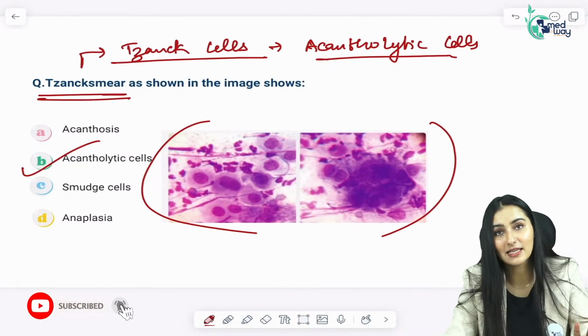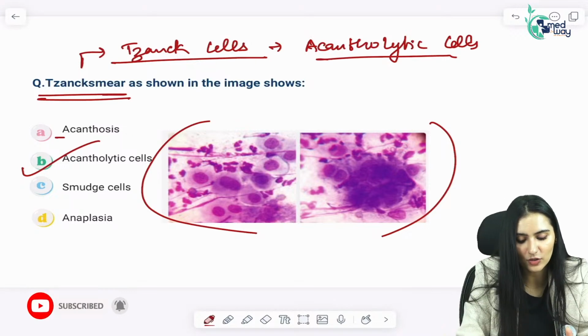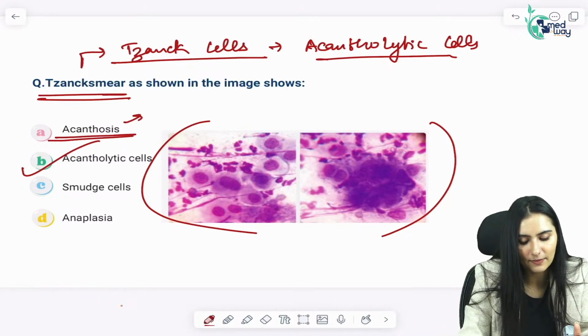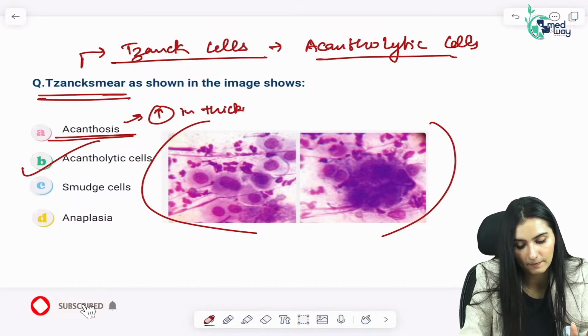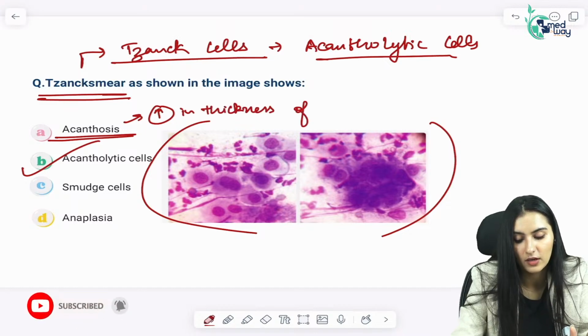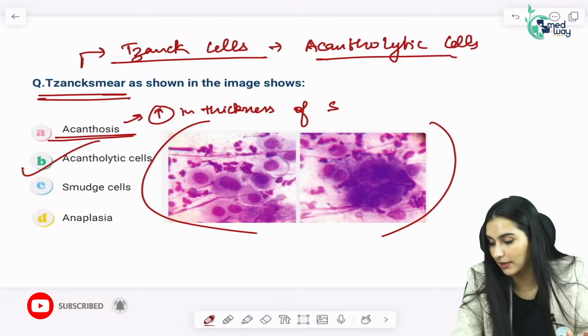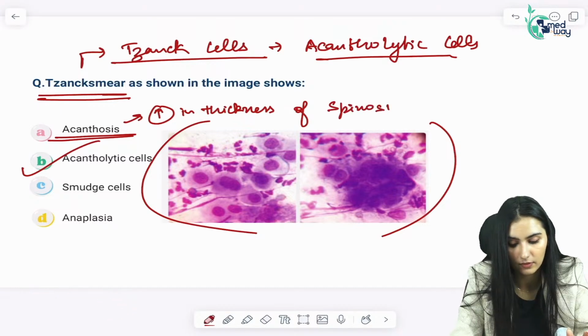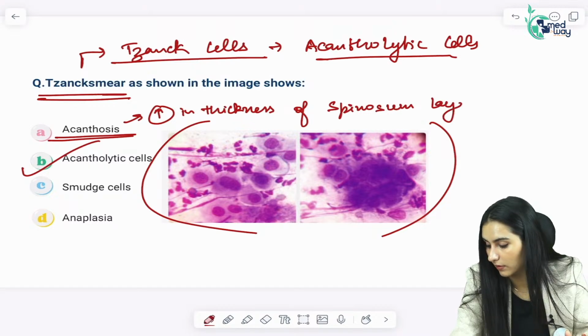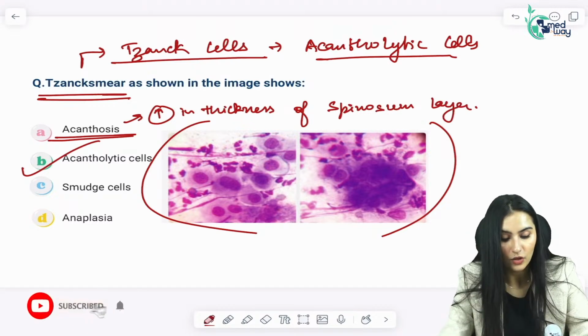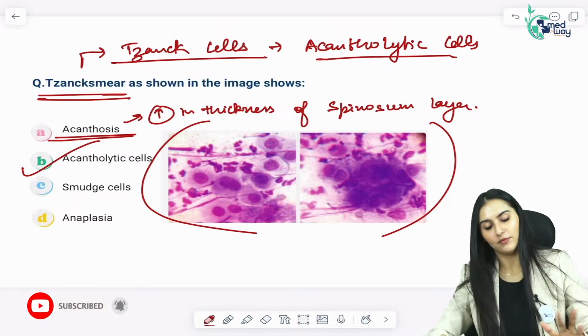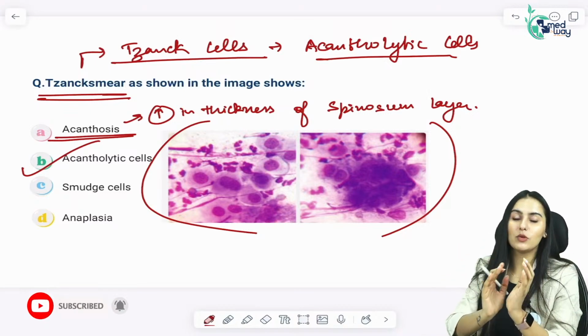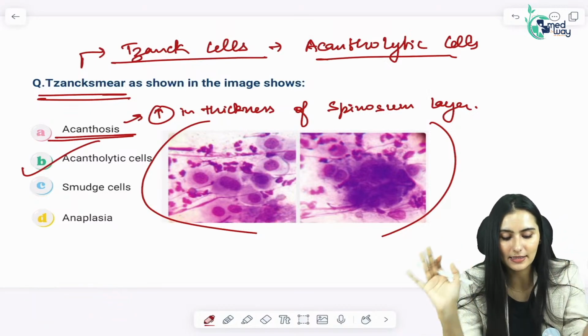What are acantholytic cells? Why not acanthosis? Acanthosis is an increase in the thickness of the spinous layer. Tzanck cells are acantholytic cells.